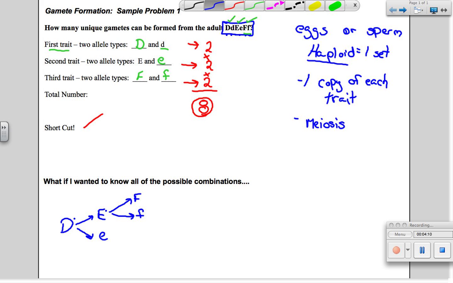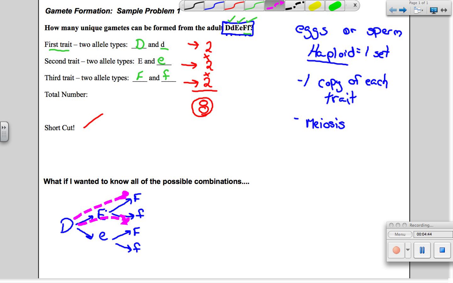Let's repeat this process for the lowercase e. If my first trait is a capital D, my second choice may be a lowercase e. After lowercase e, I have the third trait to consider, the letter F, and I again have my 2 options, capital F or lowercase f. Now if I simply follow all of these through the pattern, there's one option, here's the second option of gamete, and so on.